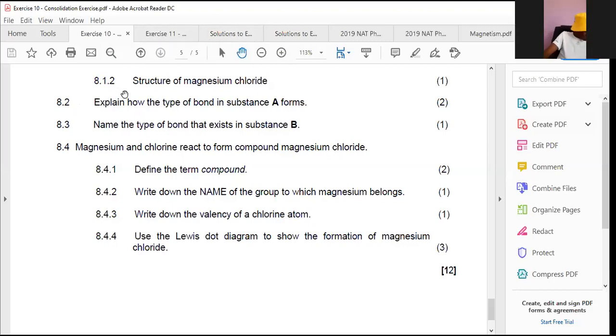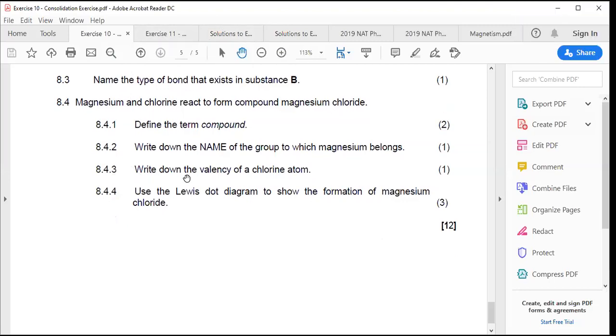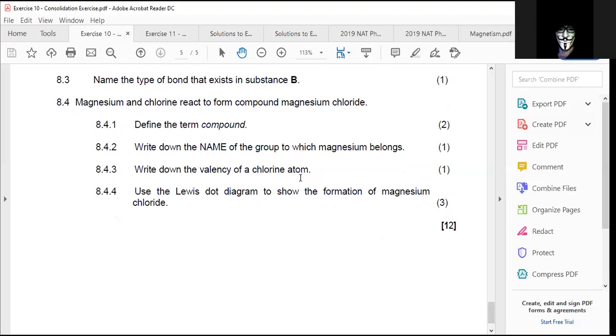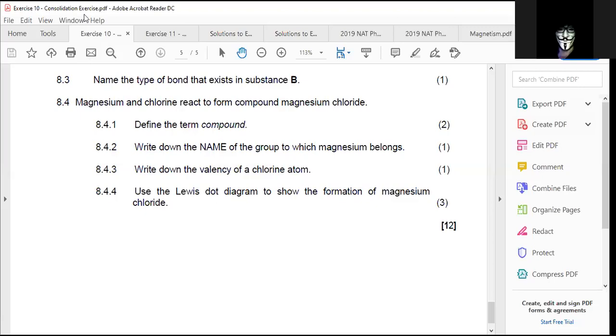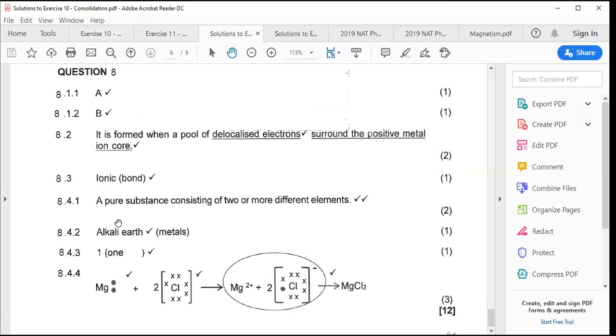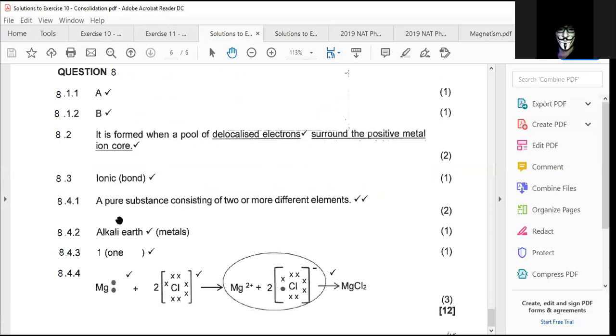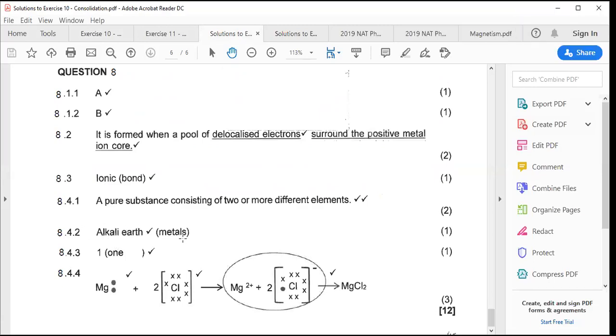Okay, we move on to the next one. Alkaline metals are in group 1. Alkaline, yeah, it's group 1. So alkaline is in group 2, alkali earth metals. That becomes group 2. Is it alkali or alkaline? No, there's alkaline and there's alkali.